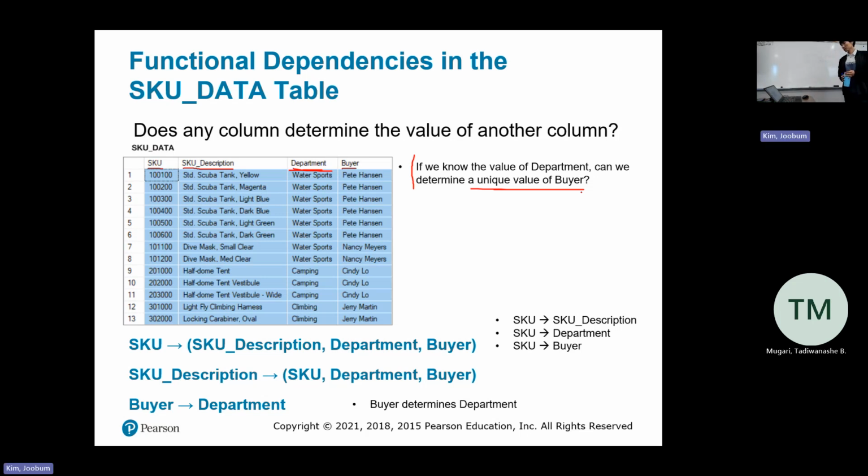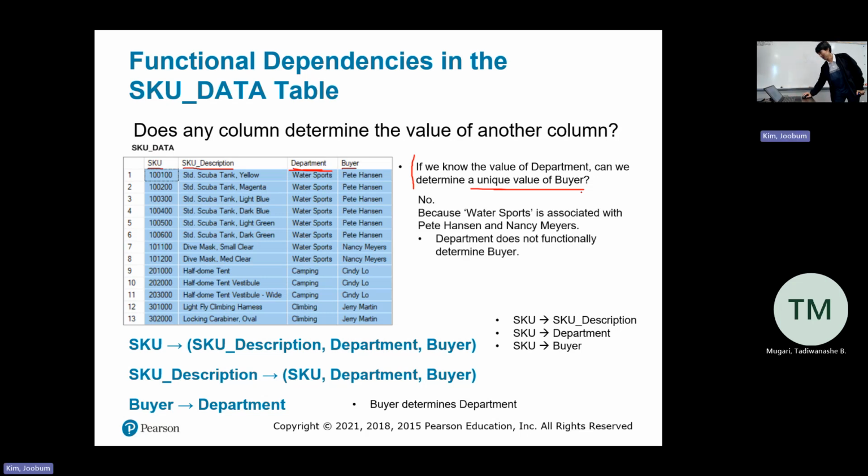If you know determinants, does the department determine buyer? The answer is no. Why? For example, water sports is associated with what buyer?